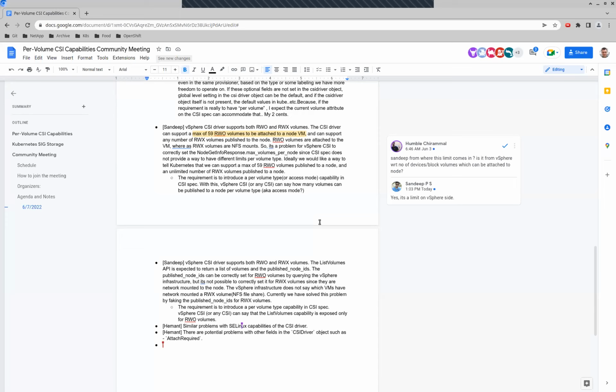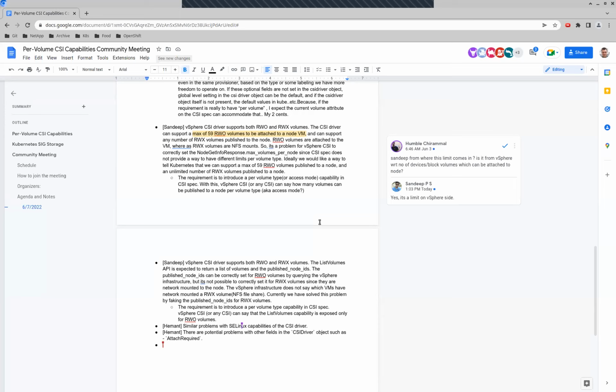Kubelet could easily just look up the appropriate instance of the CSI driver on a per volume basis and read whatever value it was going to read. So if we could fix it just for things that depend on the CSI driver object, that seems like a pretty light lift. It might be weird to have multiple instances of the CSI driver object or to have to change it, but I don't know.